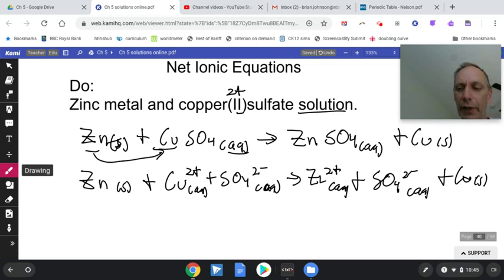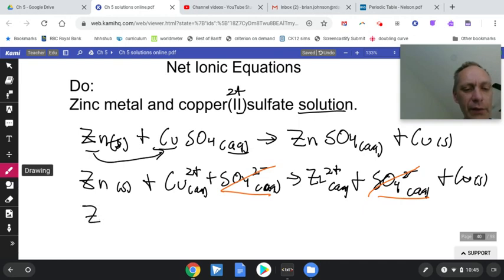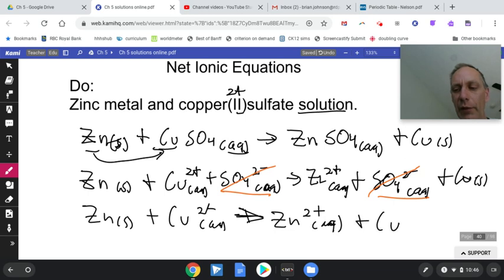What is identical on both sides? Just the sulfate looks like. Gonzo, gonzo, everything else stays. So our net ionic is zinc solid, reacts with copper 2+ to make zinc 2+ aqueous and copper solid. Oh, messy, messy. Okay, that's our net ionic equation.